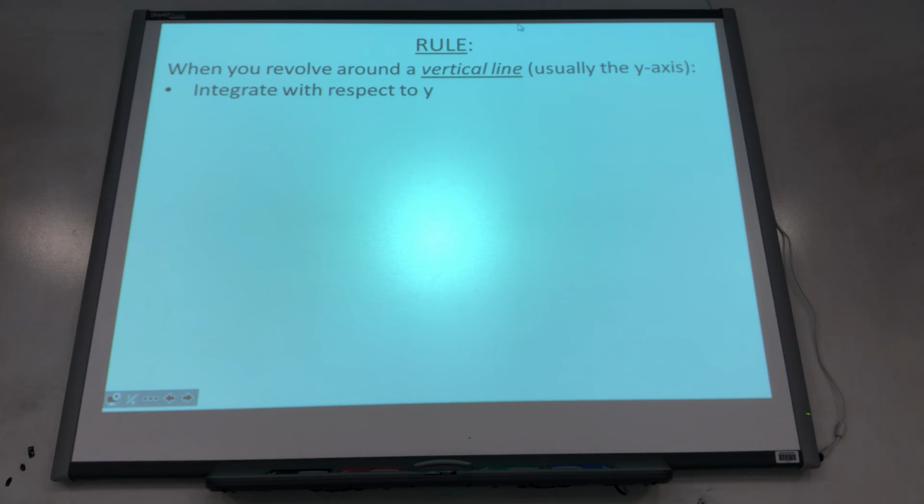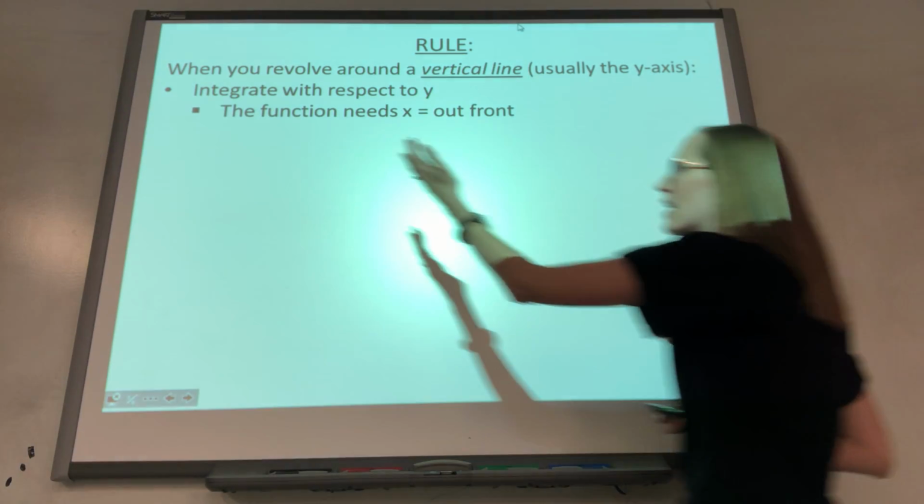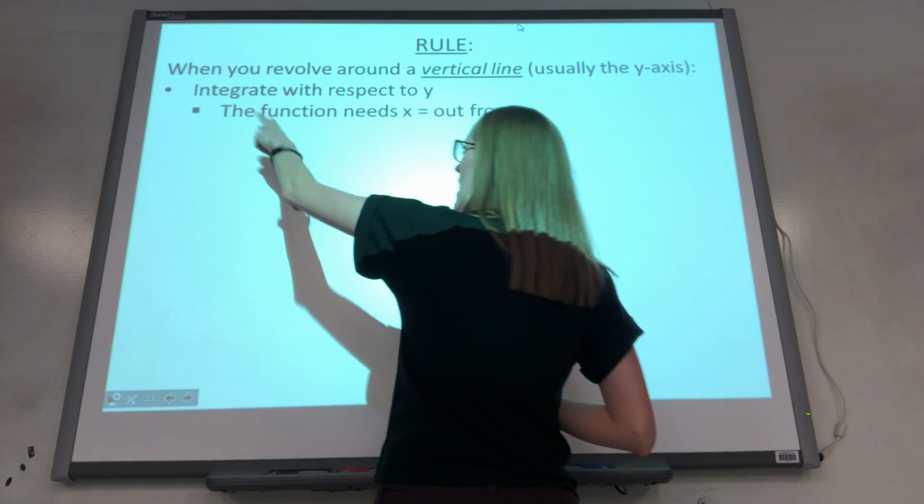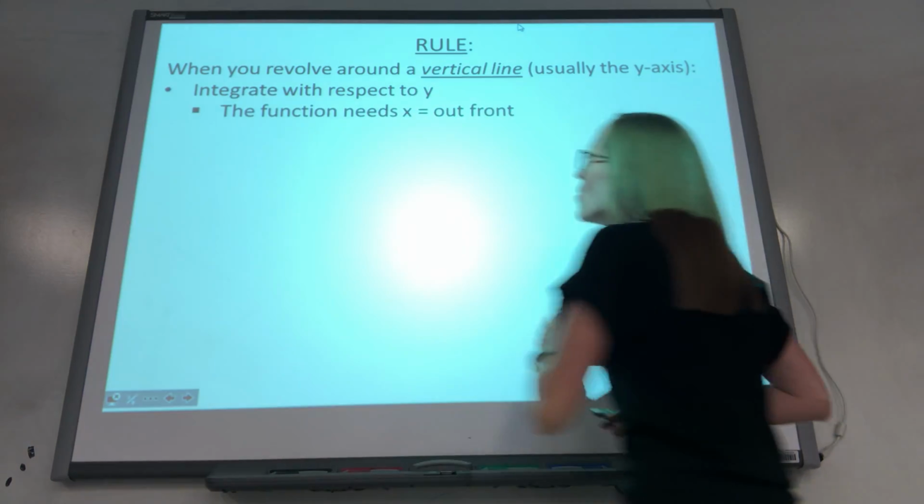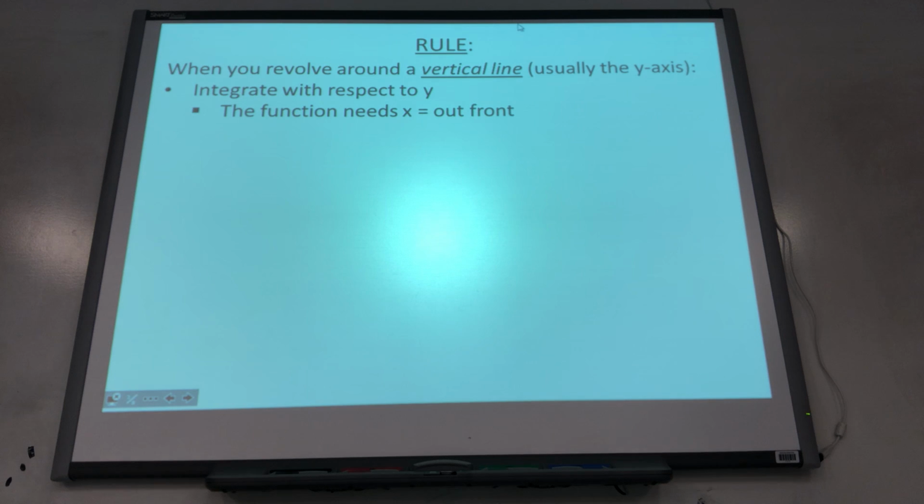So same deal here. I'm just going into a little bit more detail about this bullet point. When you integrate with respect to y, your function needs to have x equals out front, or in other words, it needs to be in terms of y. So it's got to have y's in the function, x equals out front though.